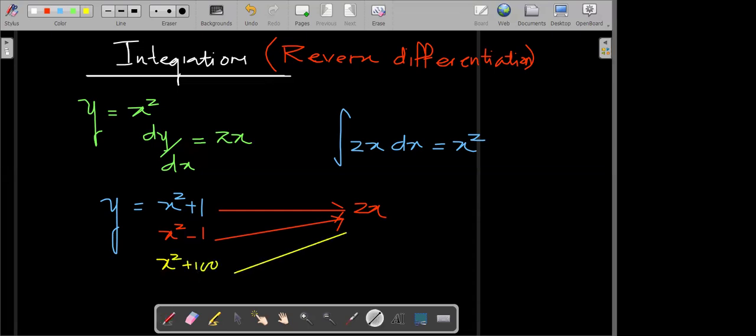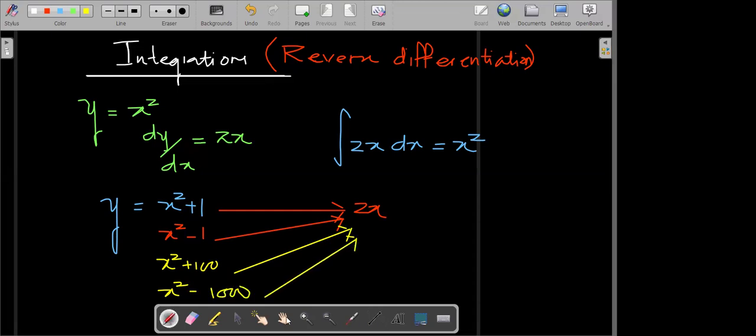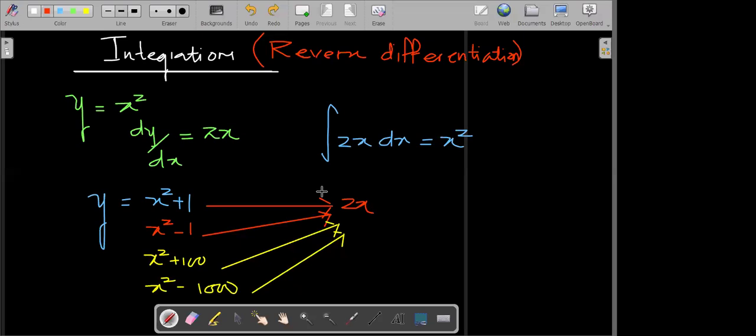Also 2x. Even x squared minus 1000 is also 2x. I said that integration means the reverse differentiation, but you can see we have infinitely many options to differentiate and get 2x as the answer.